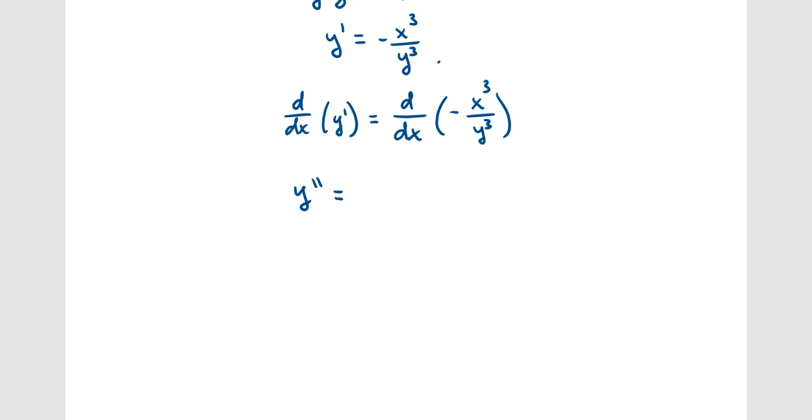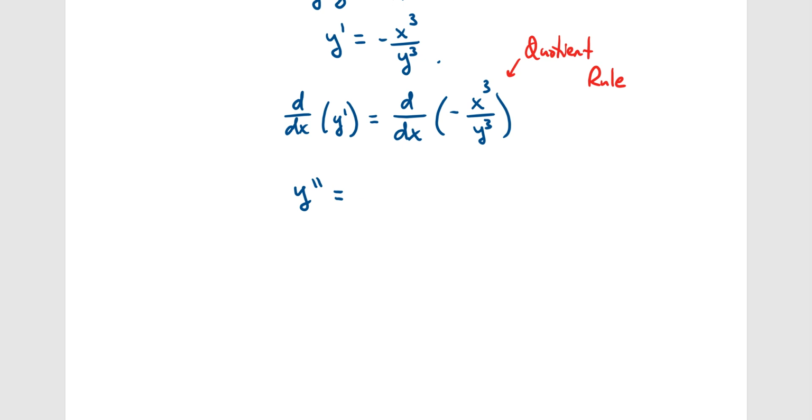Now we actually need quotient rule, because we have two things being divided. We have a fraction. You could write it as negative x cubed times y to the negative 3 if you want to use product rule. It doesn't really matter. So let's go ahead and do this. The negative is just coming along for the ride out front.